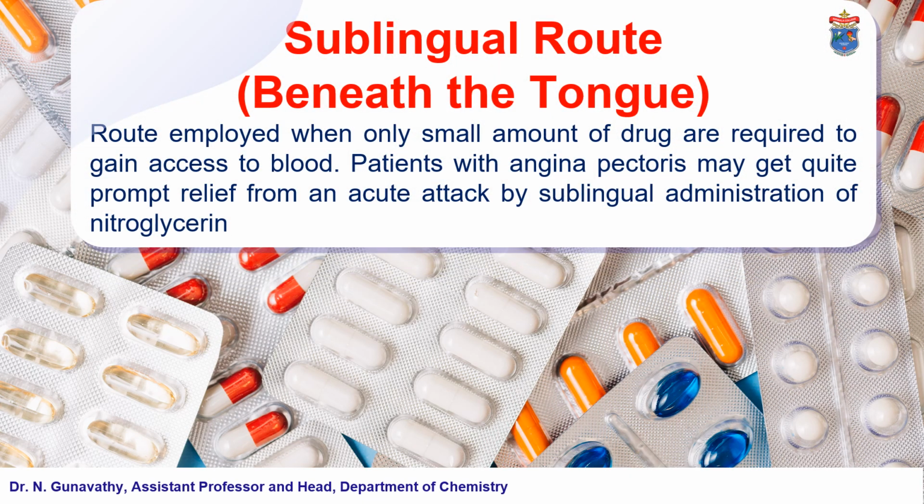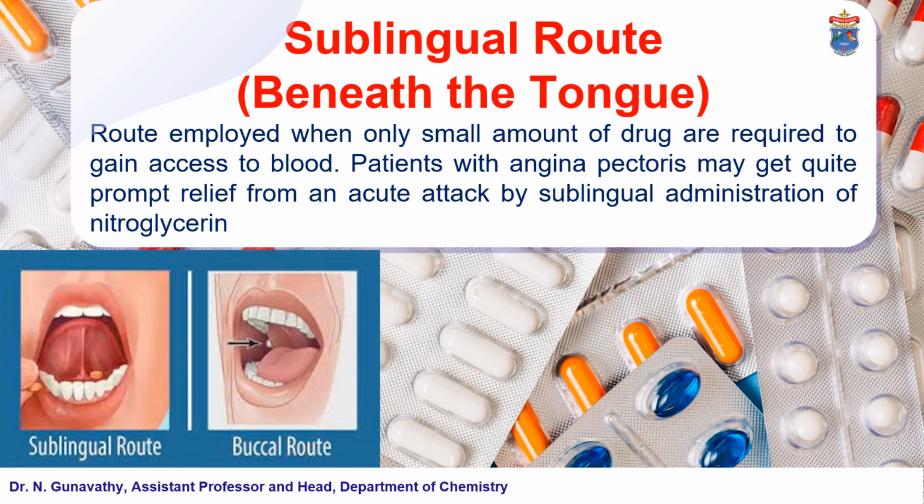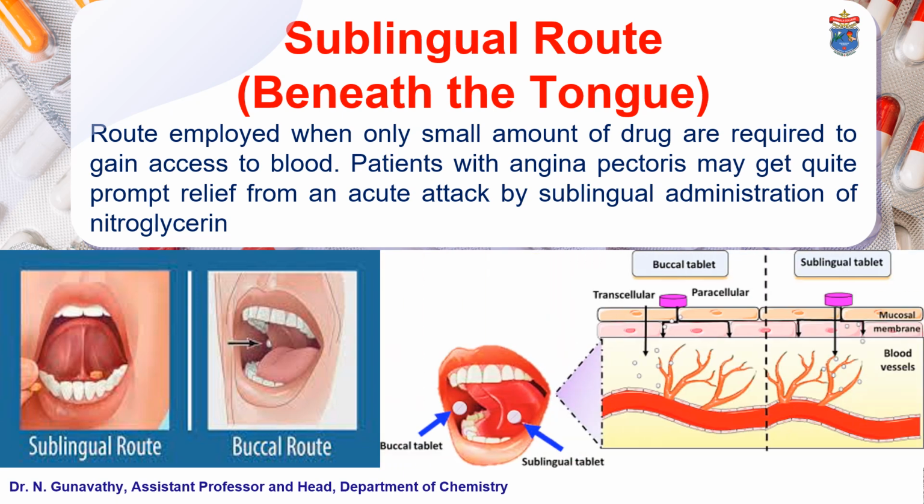Sublingual route. This route is employed when only a small amount of drug is required to gain access to blood. Patients with angina pectoris may get quite prompt relief from an acute attack by sublingual administration of nitroglycerin.